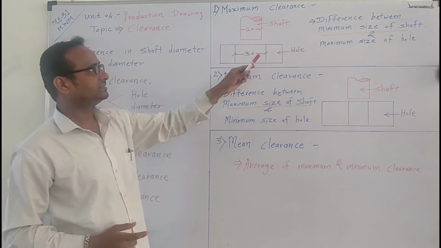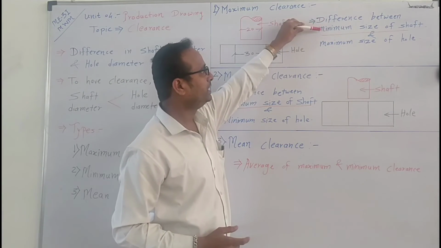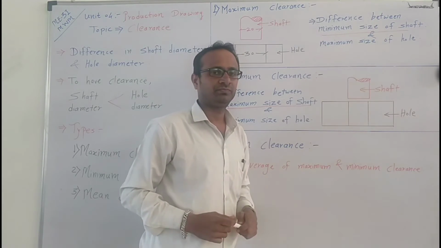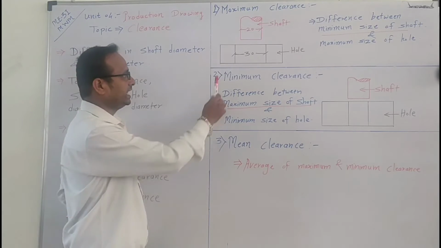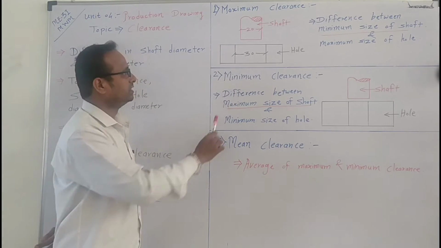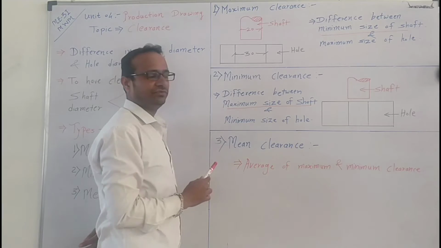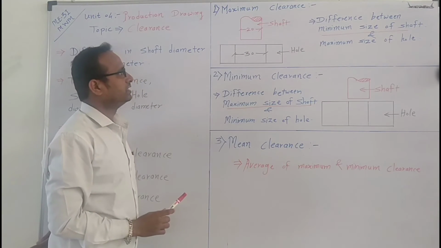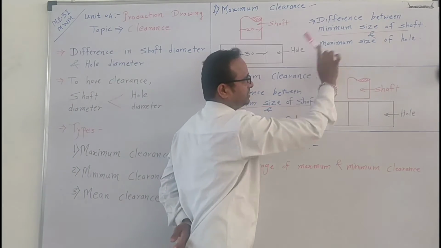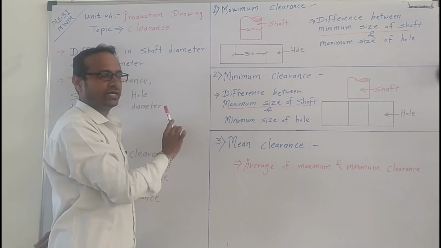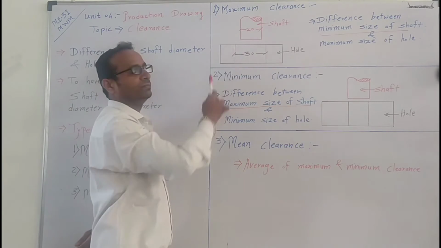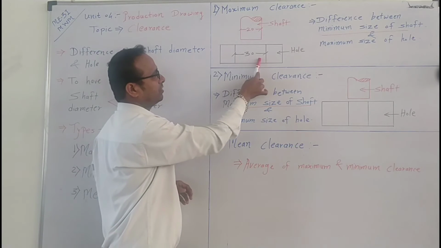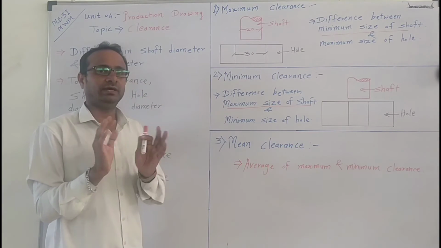It is defined as the difference between the minimum size of shaft and the maximum size of hole. If you see the diagram carefully, in this diagram, the hole component is given and the shaft component is given. Minimum size of shaft as compared to the hole. Here they have shown 20 mm as the shaft outside diameter and 30 mm as the hole inside diameter.